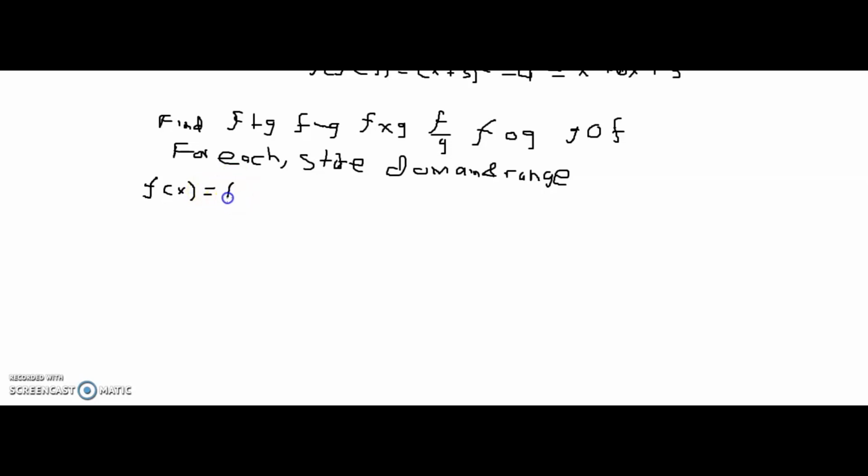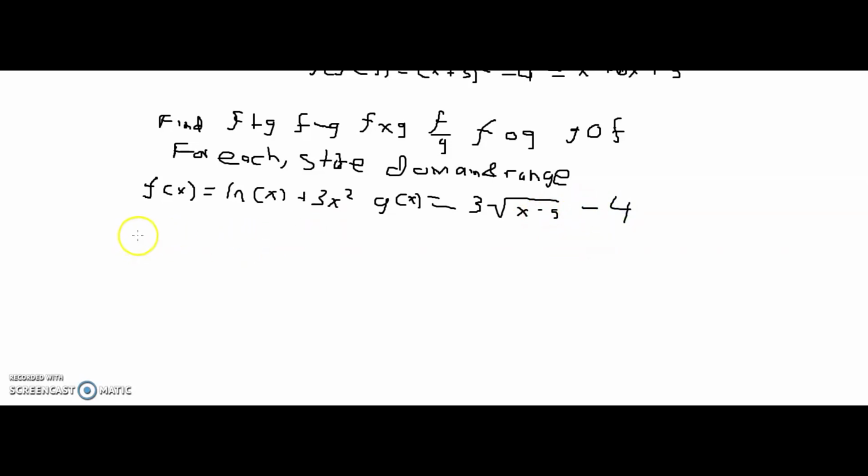I picked f of x to be natural log of x plus 3x squared, and I picked g of x to be 3 times the square root of x minus 5, and then that minus 4.